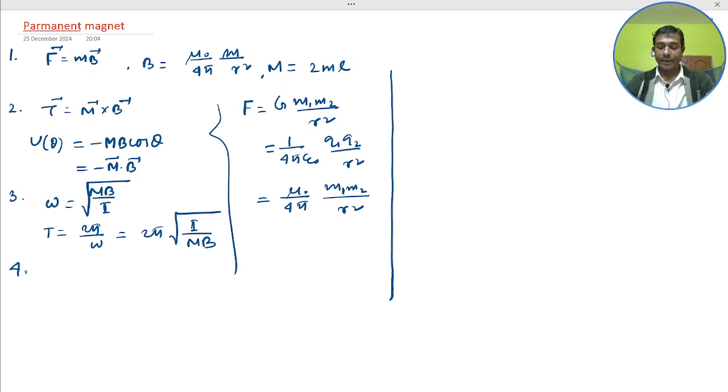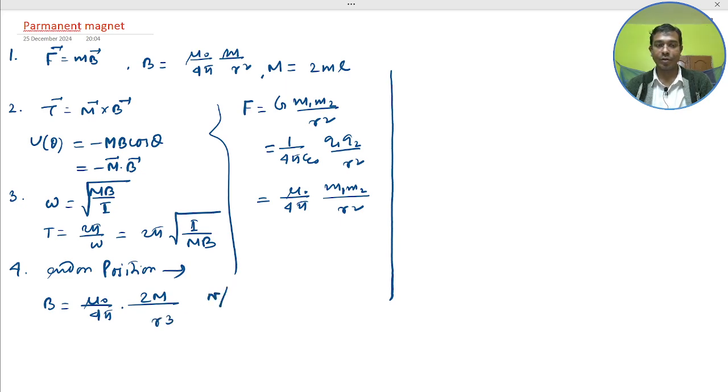Fourth one, the magnetic field due to a bar magnet. As per electrostatics, the first one is the end on position. For the end on position, B would become μ₀/4π times 2M by r³.